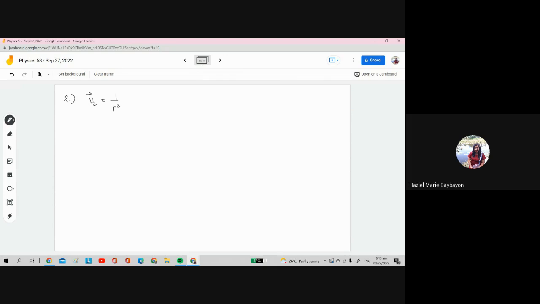This is a favorite in electromagnetics because the electric force and electric field are dependent on r hat, the inverse square of the distance.